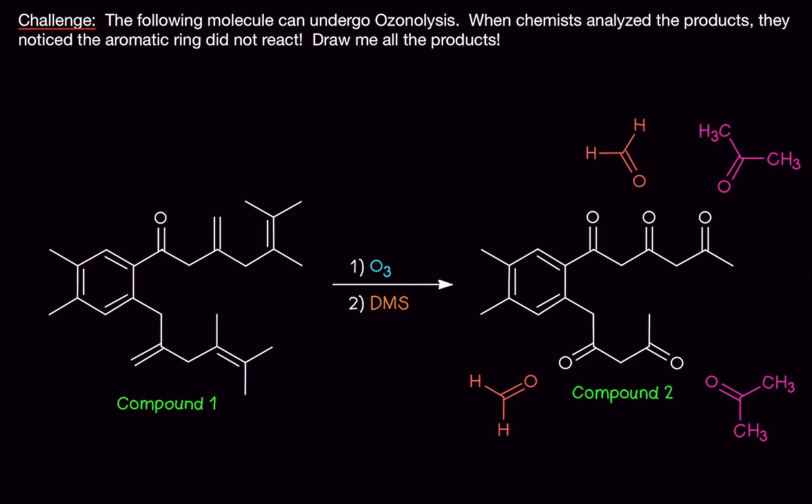So, you might be fooled when you look at something like this or like this. This is the usual stuff, right? You split this in half and you put the double bond oxygen on either side. So you get this and you get this. For here, you get this and you get this.